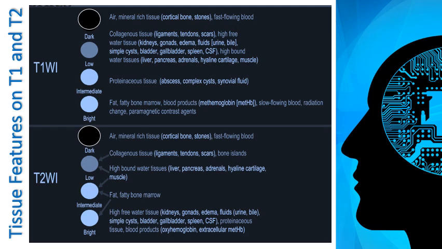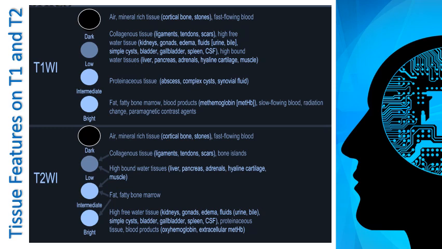So what about the normal signal of the remaining tissues through the abdomen? This diagram shows the normal signal pattern on T1 and T2. If we take an example, we find that air, cortical bone, and fast flowing blood have a dark or low signal on both T1 and T2.